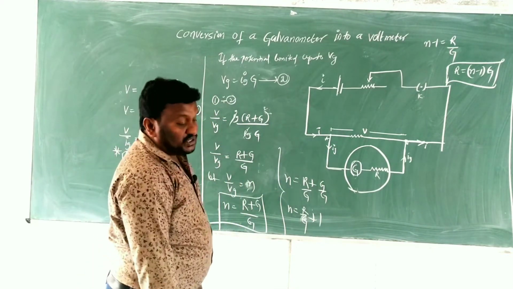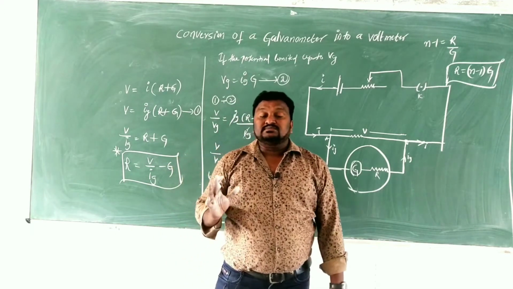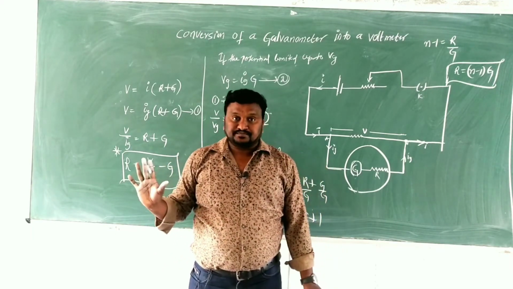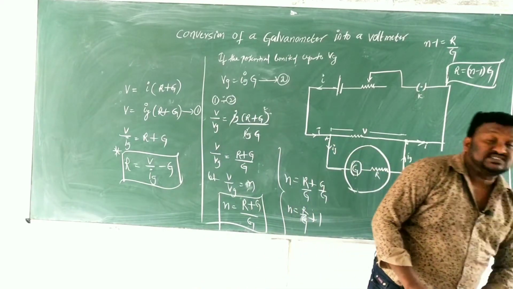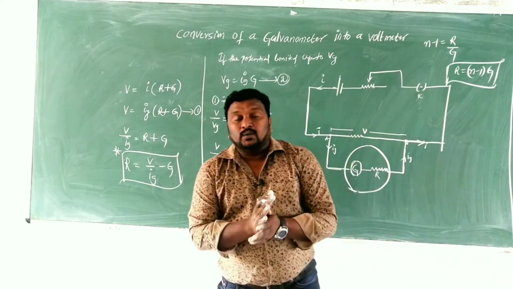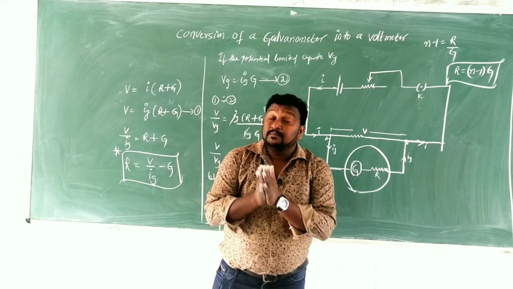So children, this is simply how we can convert the MCG into a voltmeter. Clear, children? So let's go for it once. Very important question: how can we convert the galvanometer into a voltmeter?